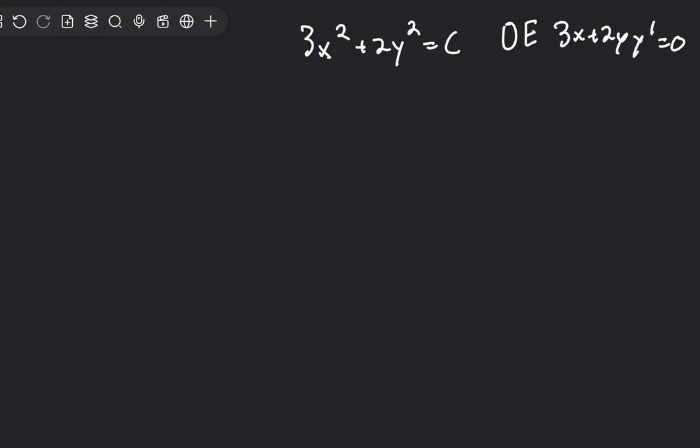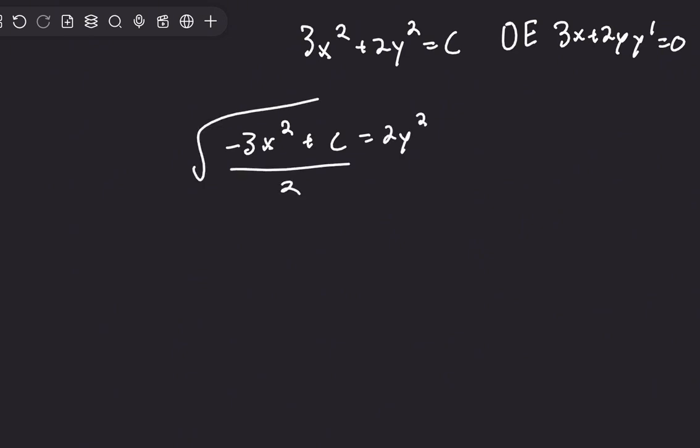So now we need to get y by itself so we can solve for that and then go from there. So to do this, we're just going to do y over, so negative 3x squared plus c equals 2y squared. Divide this by 2, square root it. And c is just a constant, so it's left as c.